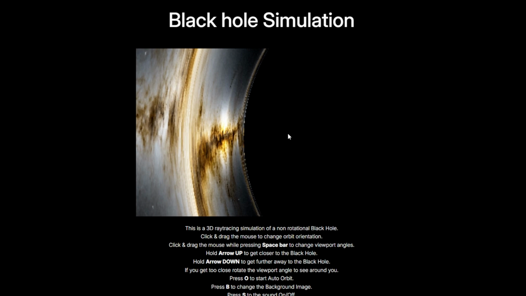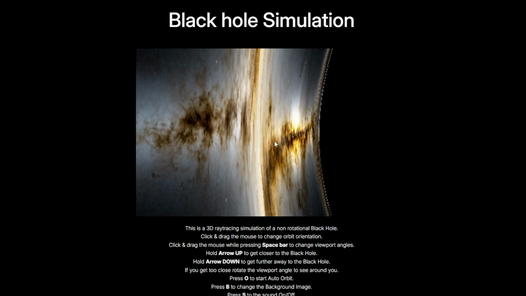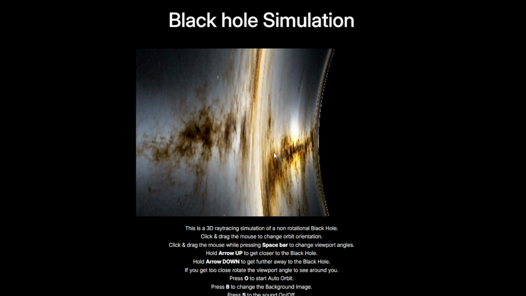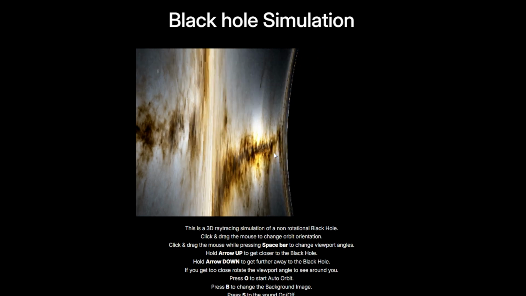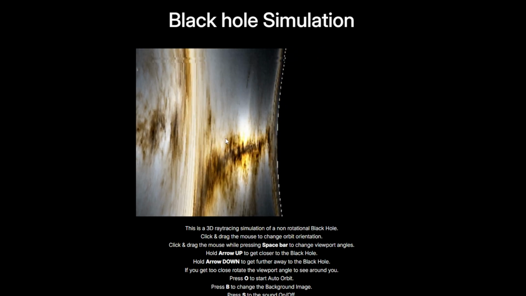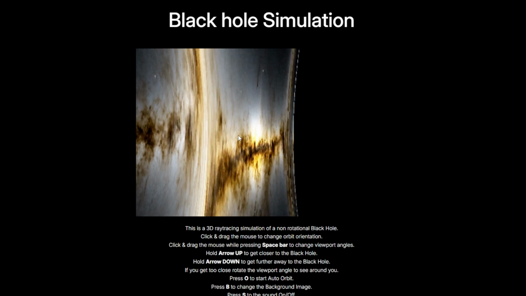So we get closer, closer, closer. Now we get very close to the photon sphere. Very close. At some point, the black hole surface in our view will become straight.